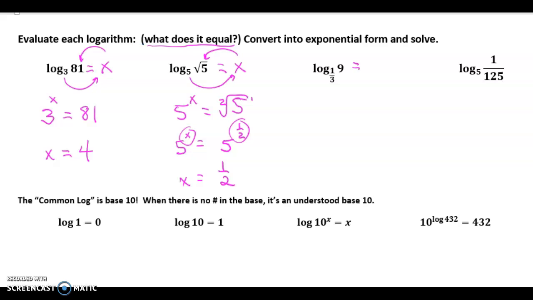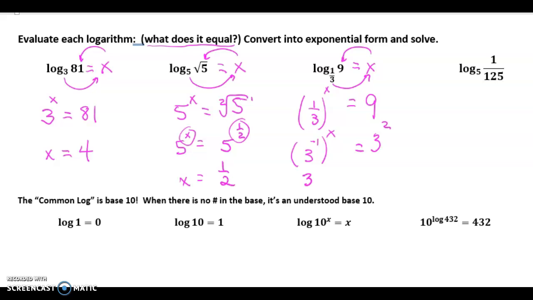Here's another one. What does this one equal? We're evaluating. We have 1/3 to what power is equal to 9. Well, 1/3 is 3 to the -1 power to the x power, and 9 is, of course, 3 squared.